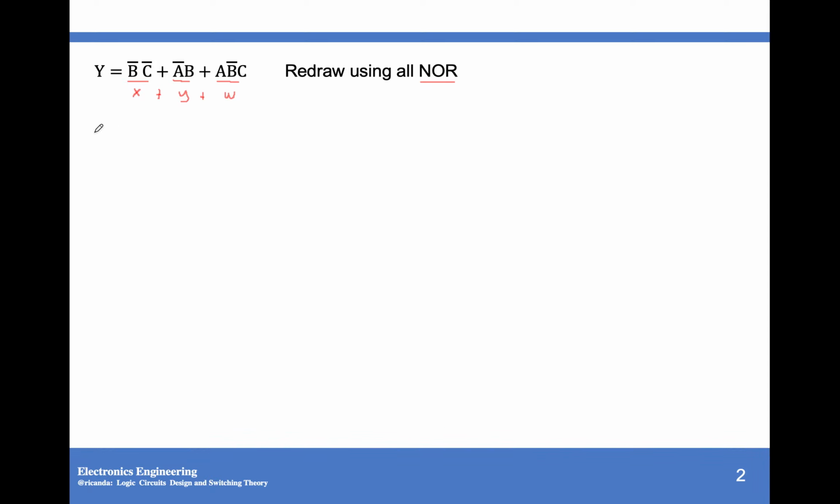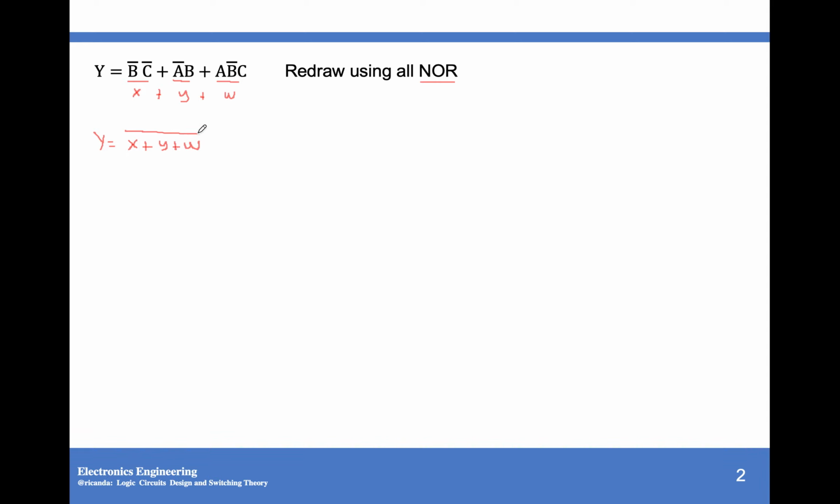So since it is y, it is equal to x or y or w. But we are using NOR, so we have a long bar.